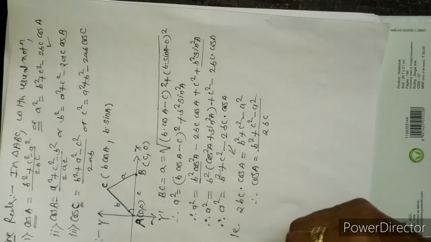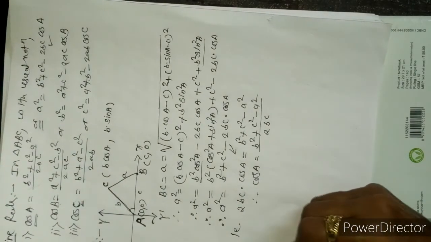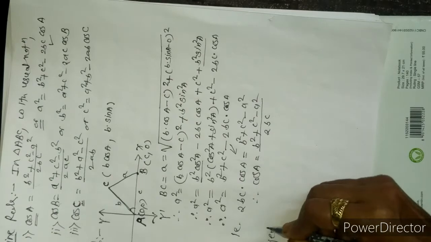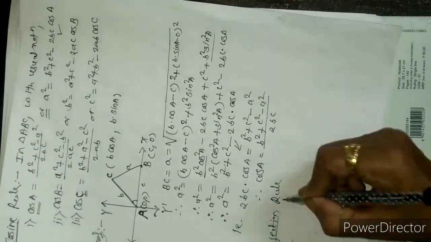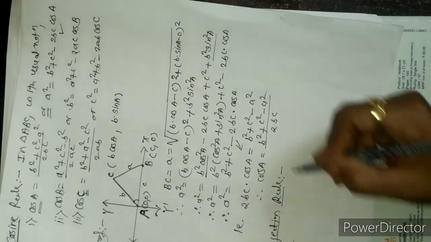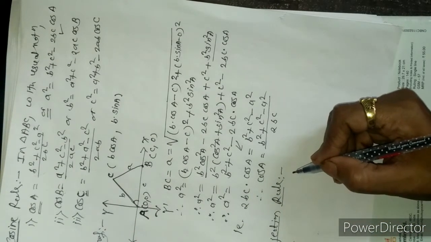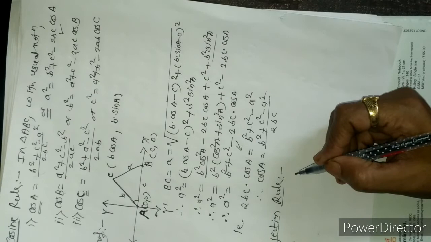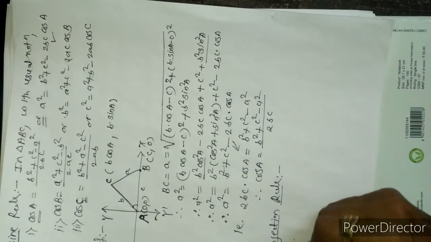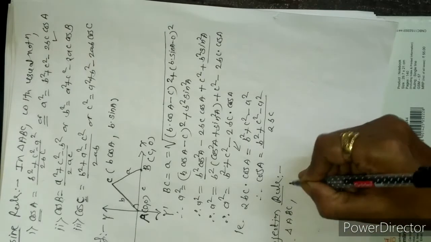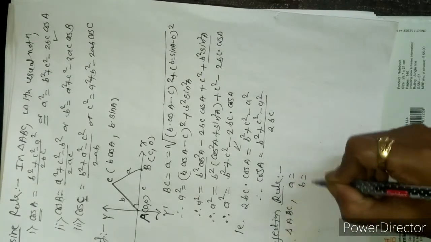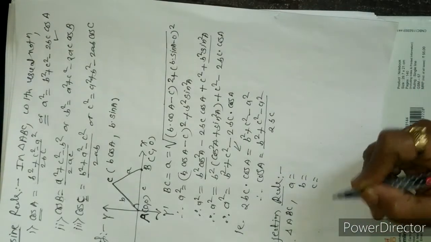Now we take the proof of the third result, that is the projection rule. For the projection rule, again we use the same triangle ABC. That rule states that in triangle ABC we take the relation between the length of sides and the cosine ratio.